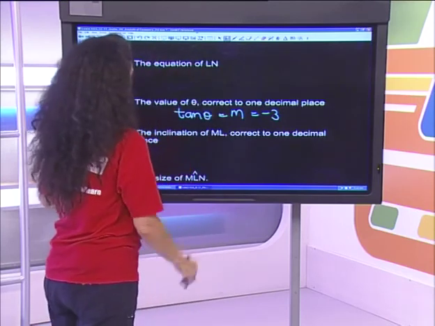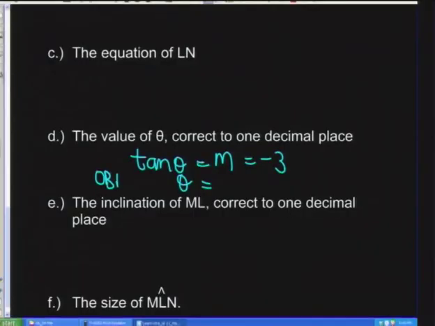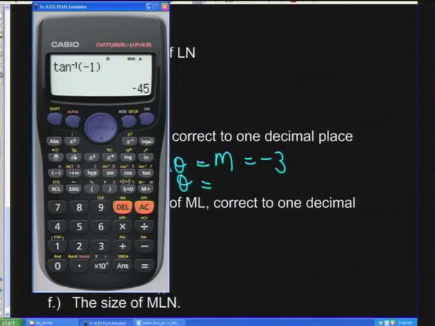And so theta will then be obtuse, and we're going to use our magic machine to work out that we need tan inverse of -3, and that gives us -71. Remember, that is the fourth quadrant angle. I need to add on 180 to bring me back to obtuse, so it's 108,4.